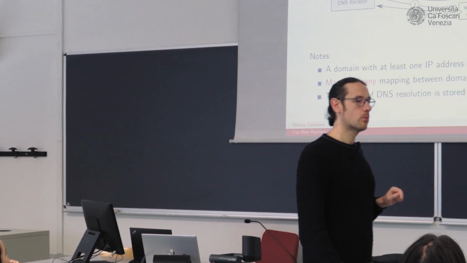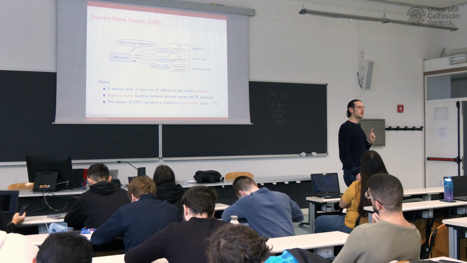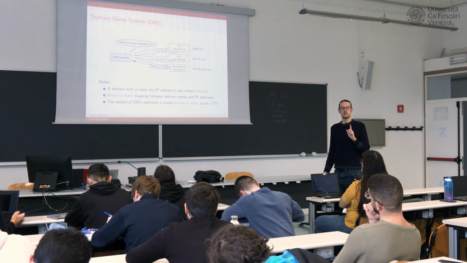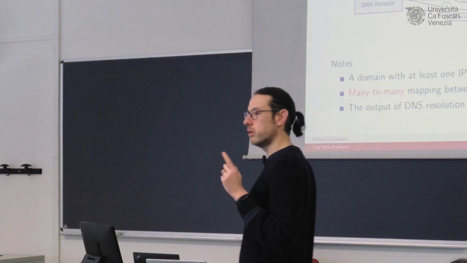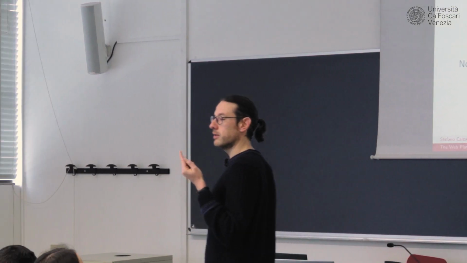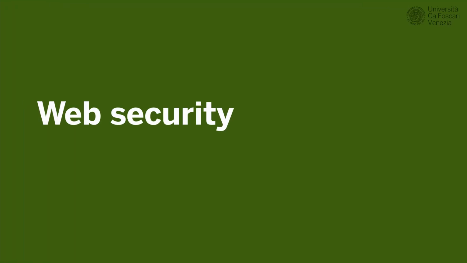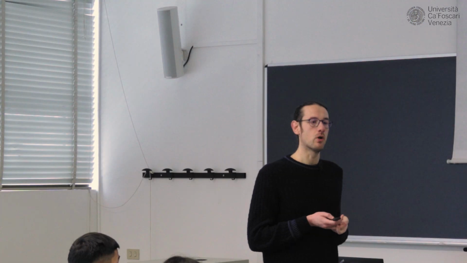What might be a little bit more obscure is how it is possible that one single IP address is associated to multiple domains. Any idea about a real-world scenario where a single IP address is actually in charge of serving multiple domain names? There is a very simple use case, which is virtual hosting.